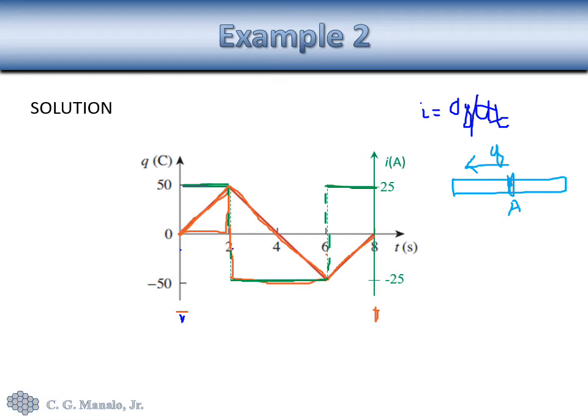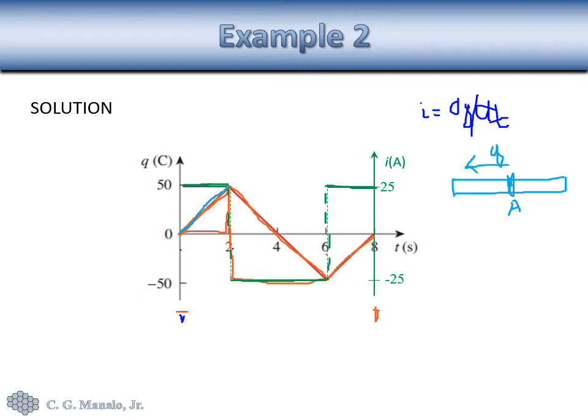And let's assume that to be positive. So it means that the amount of Q that is crossing going to the left is actually increasing.